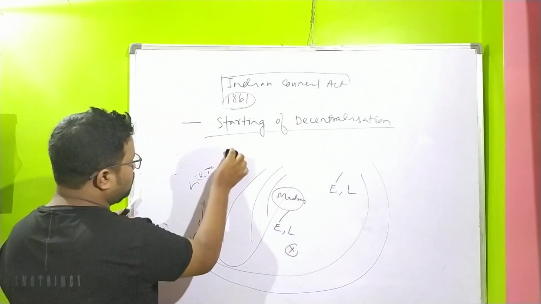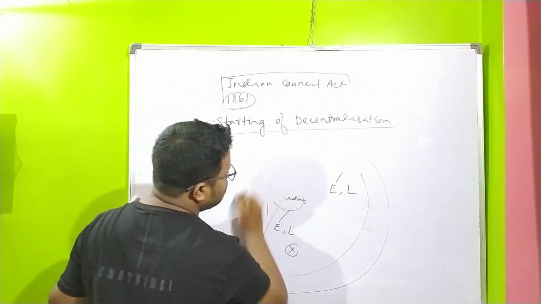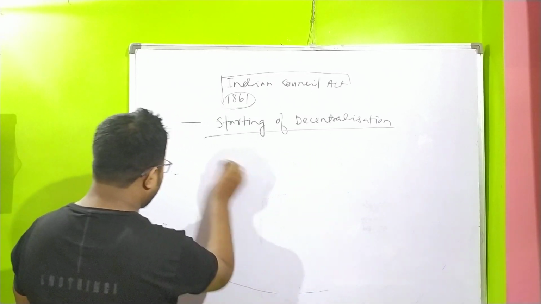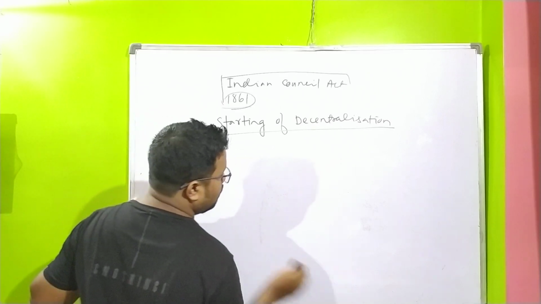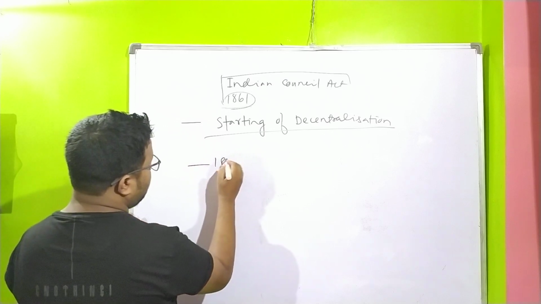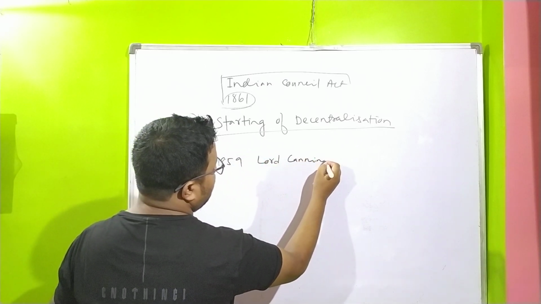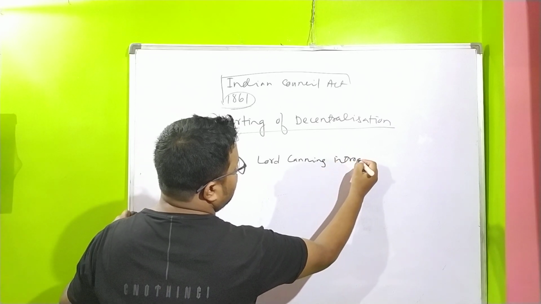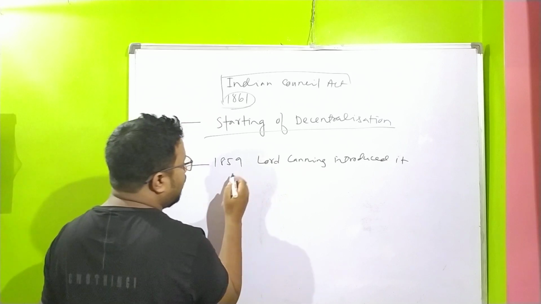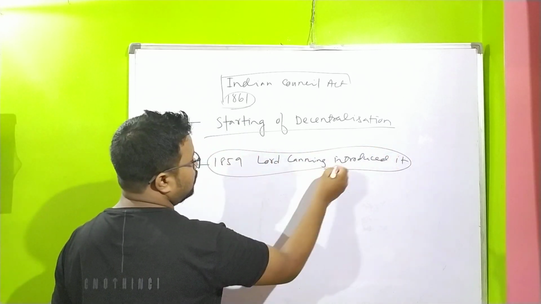The third point, also an important one, is portfolios. In 1859 Lord Canning introduced it, but it was just an executive order.